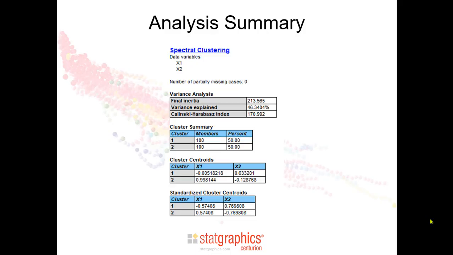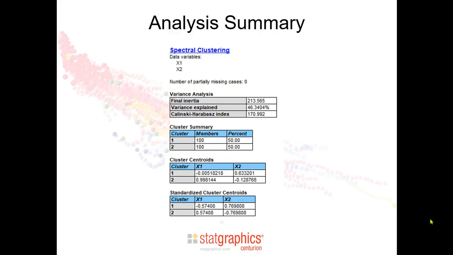As part of the output of all clustering algorithms in Statgraphics, you get an analysis summary. This summary displays a variance analysis, a cluster summary, and tables of the cluster centroids.